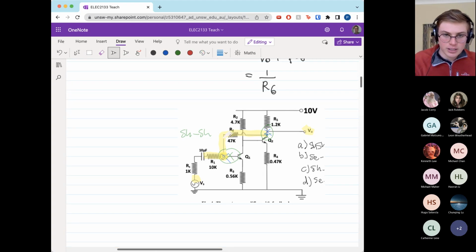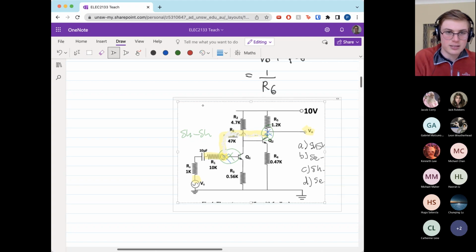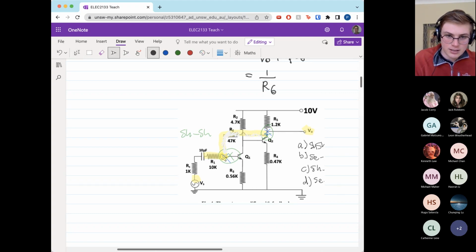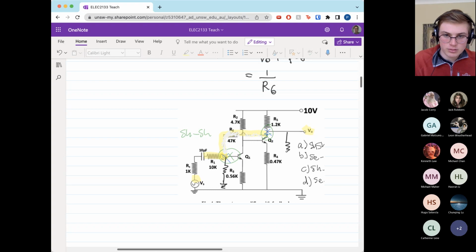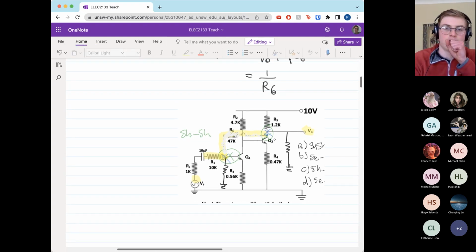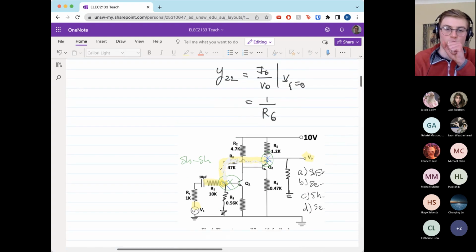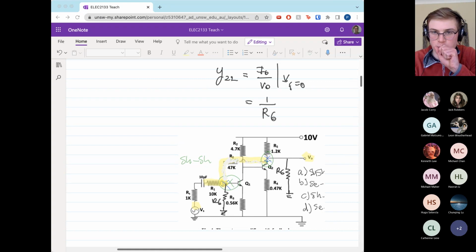Okay, so we're going to get rid of this, get rid of that, get rid of that, and then we're going to tack on our input and our output. This is going to be essentially 1 on Y11 and then 1 on Y22. So this is going to be R6 and this is going to be R6. And that's all that it wants us to draw there.